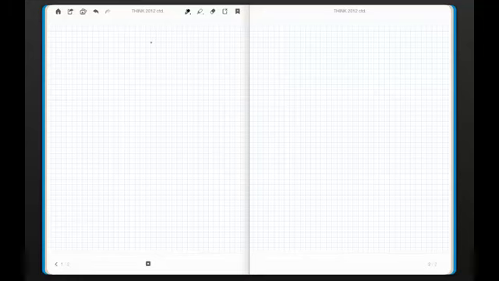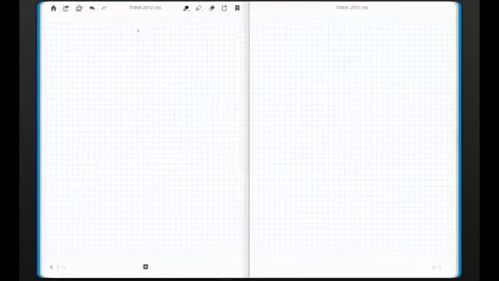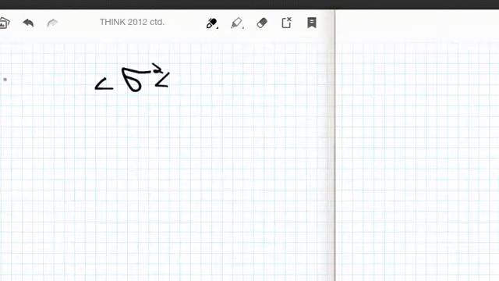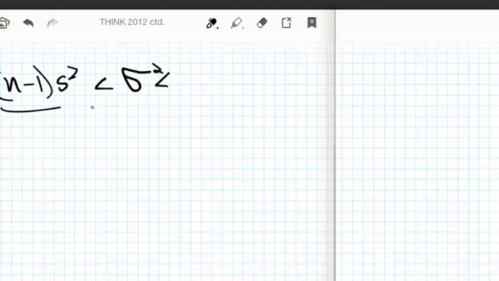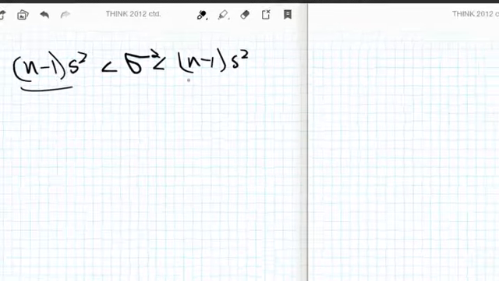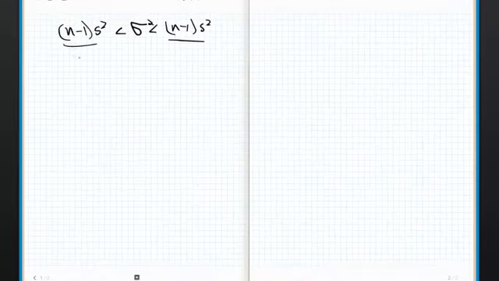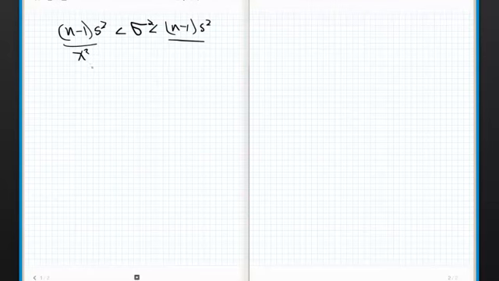Hey, one thing I just realized that I screwed up on that last page is that your variance is going to live between (n minus 1) times s squared divided by the chi squared on the right, and (n minus 1) times s squared divided by the chi squared on the left. I actually wrote it the other way around.